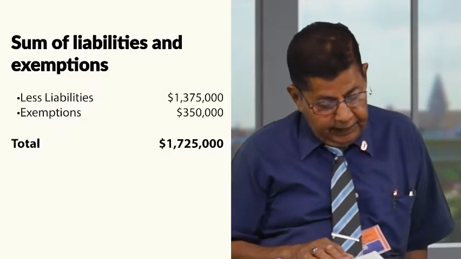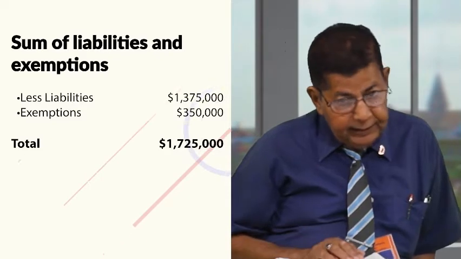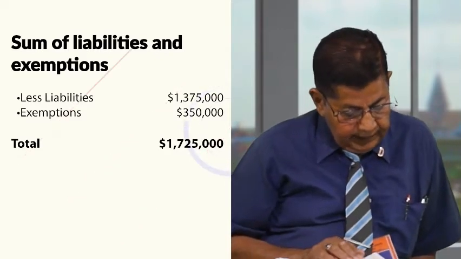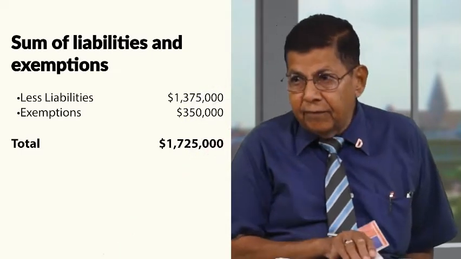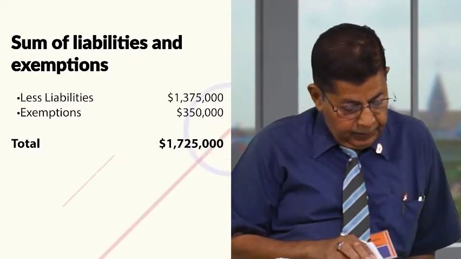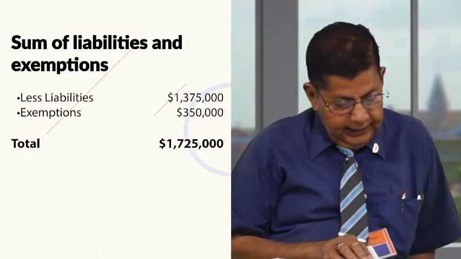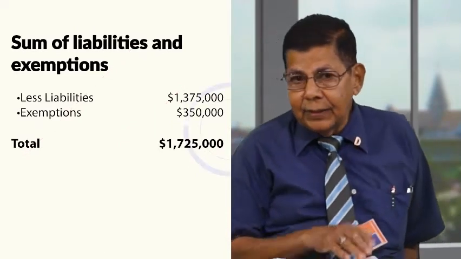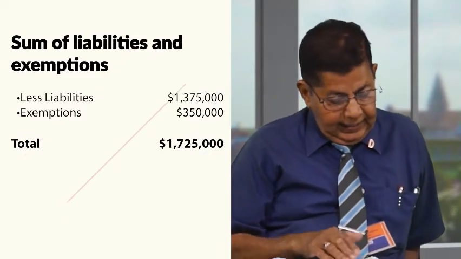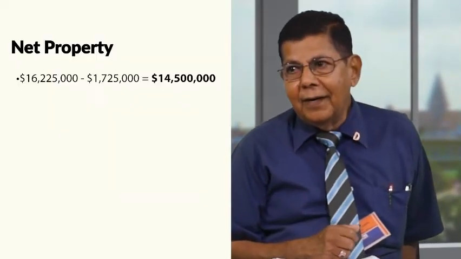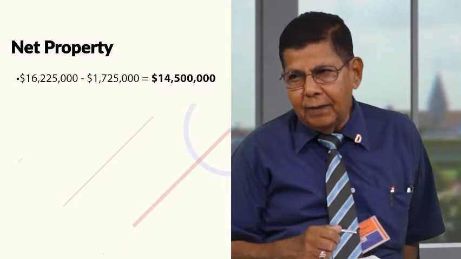After you've taken off the liability from the $16,225,000, your liability is $1,375,000, and your exemptions, which I just explained, amounted to $350,000. So your total deduction, put it in simple language, is $1,725,000, leaving a net property of $14,500,000.